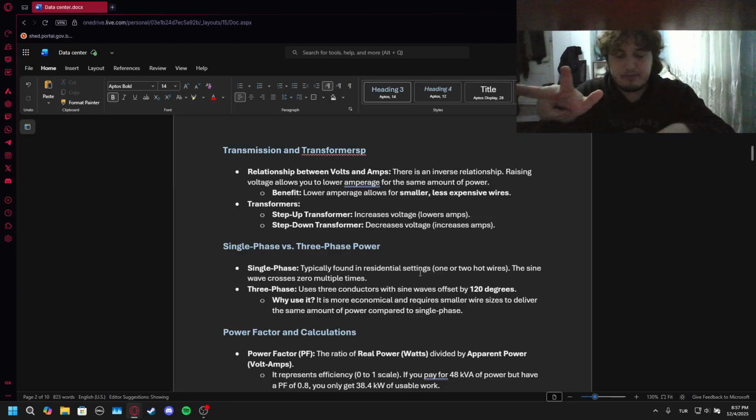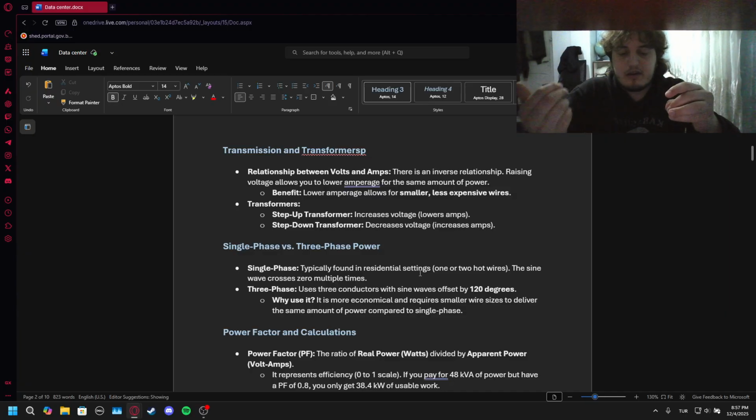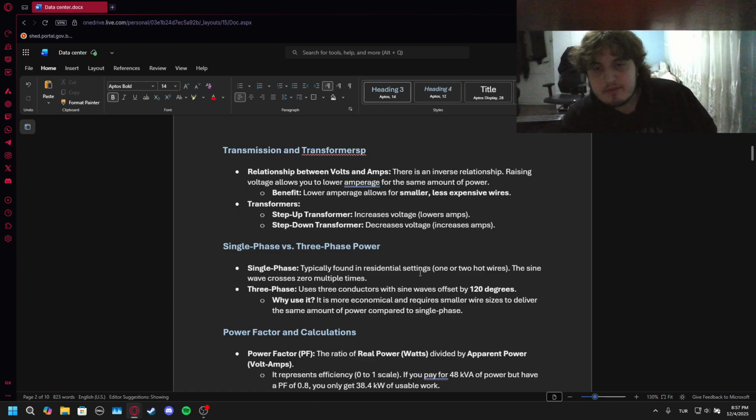All of these are offset, and you do this so they're not actually crossing each other and they don't go really high off it. Obviously, they are already different wires, but you do this to use it more efficiently. Of course, smaller wire size delivers the same amount of power. Like we said, because you're using three phases, you're delivering more power over the line.